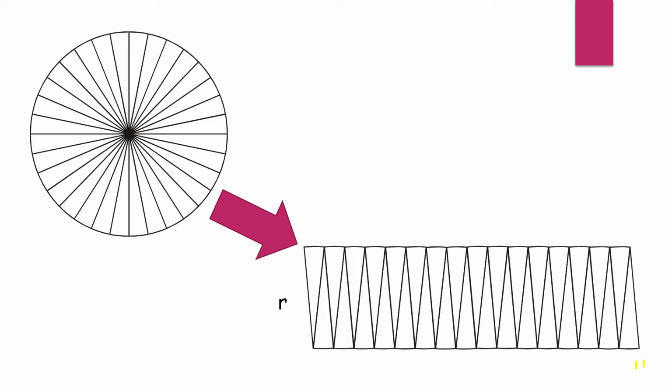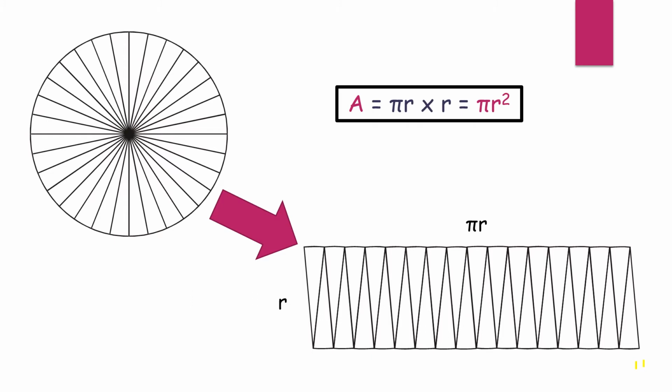So that means if I have to split them between the top and the bottom, each of my edges is worth pi r. So thinking about my area of a parallelogram, which is the base times the height, or thinking about my area of a rectangle, which is the length times the breadth, if I want to work out the area of this shape that I've formed, I'm going to do pi r times r. And that means that the area of a circle is pi r squared.